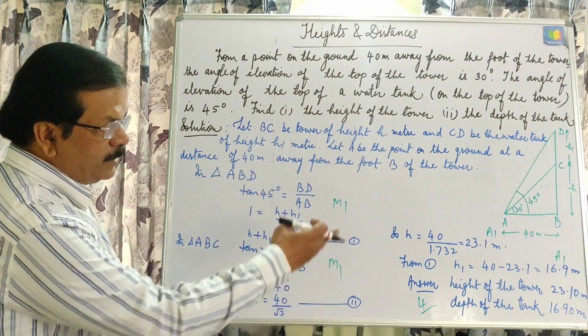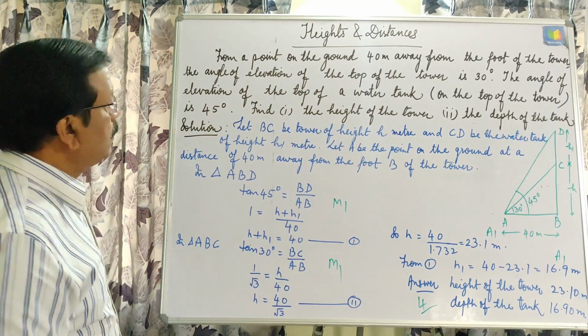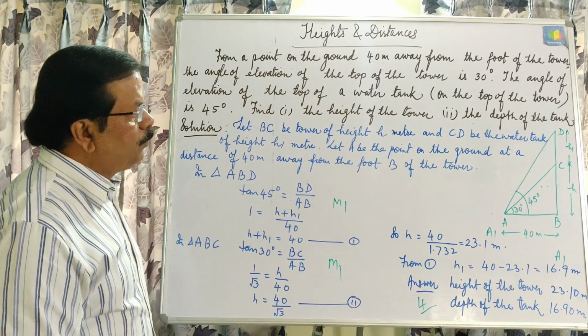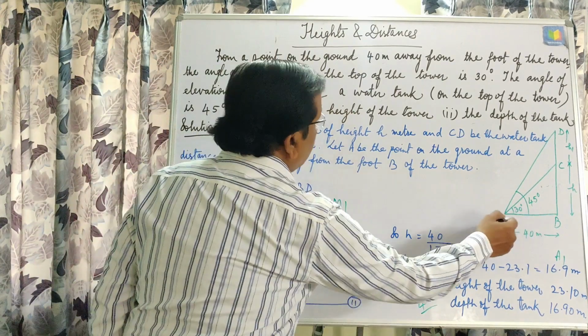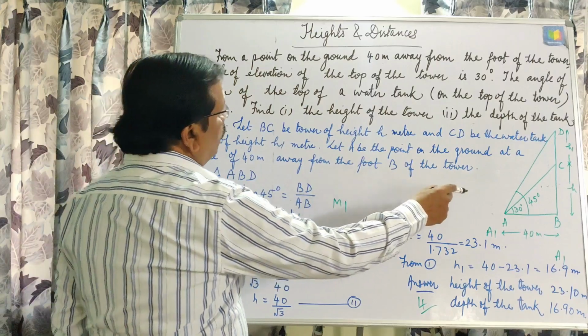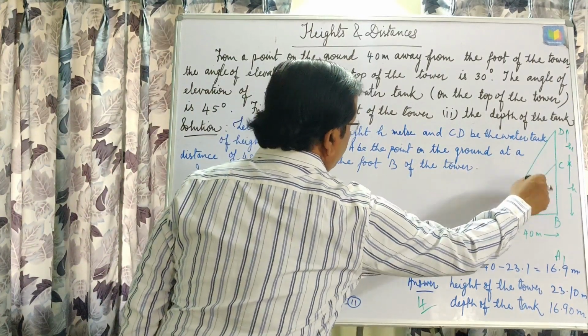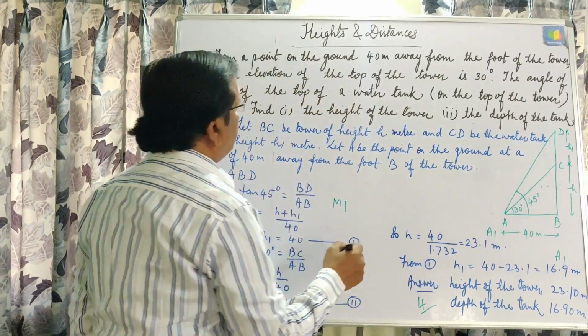You can see this is another type of figure. From a point on the ground 40 meter away from the foot of the tower, the angle of elevation of the top of the tower is 30 degree. This is the tower, and this angle of elevation is 30 degree.